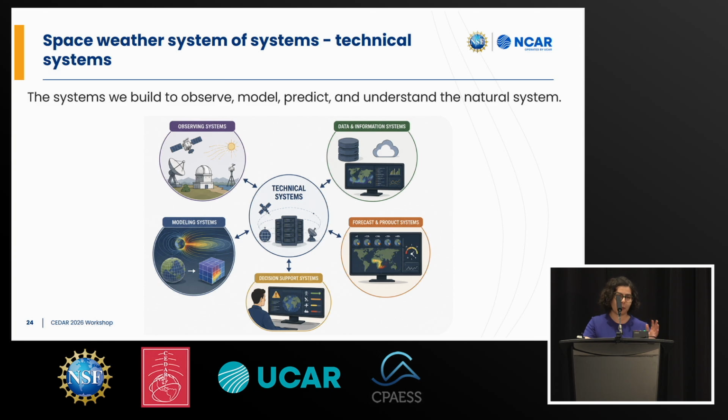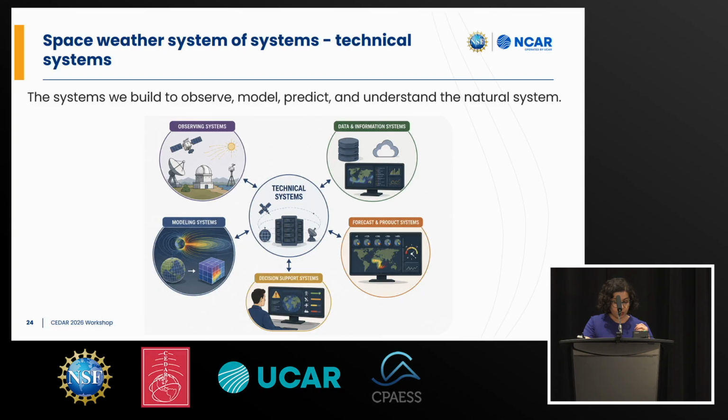And when we talk about technical system, we could also include the infrastructure in society and the communication system and all of that, but that's not what we're focusing on here. It's really the technical systems developed by the scientific community to understand space weather and geophysics more.